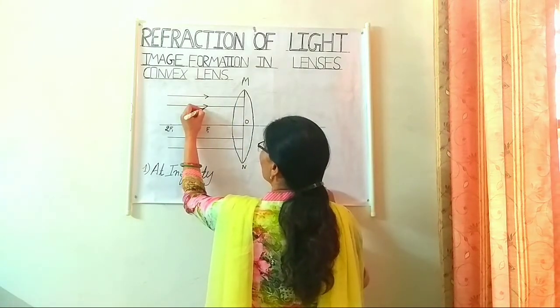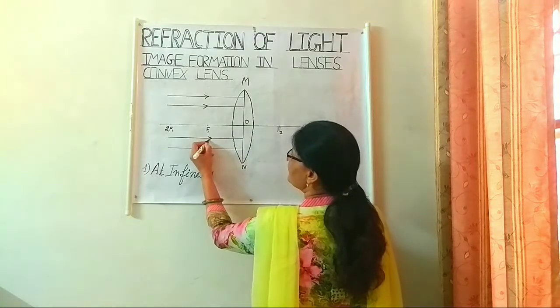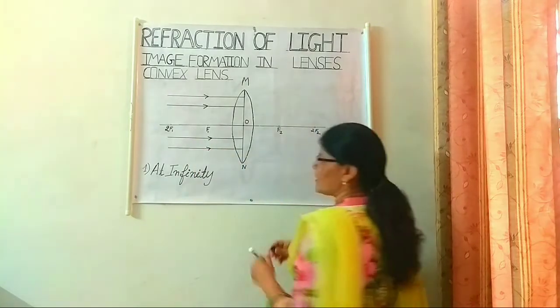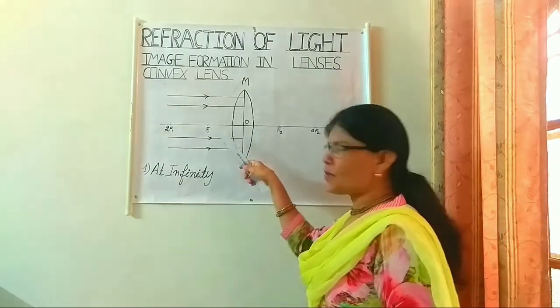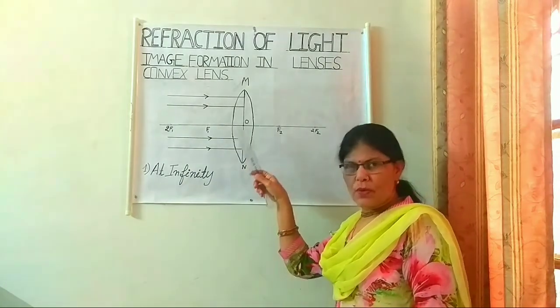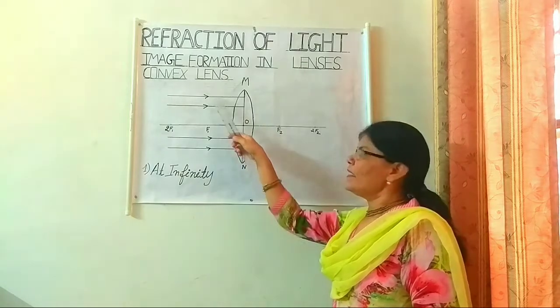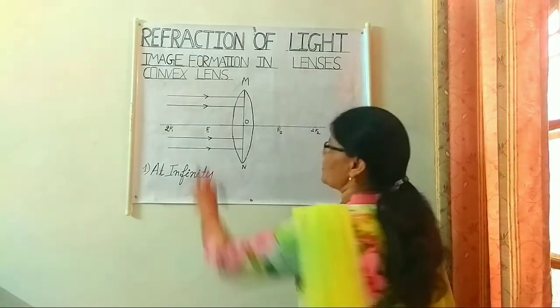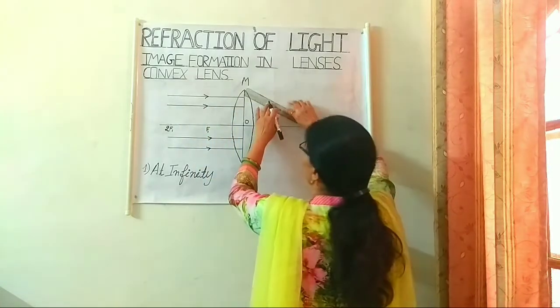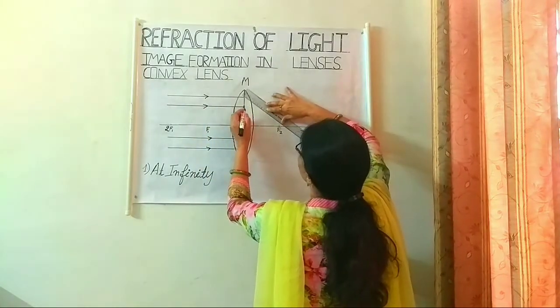Let us put an arrow like this. These are incident rays coming from infinity. All these are parallel to the principal axis, and according to our first rule, they will pass through the focus after refraction.